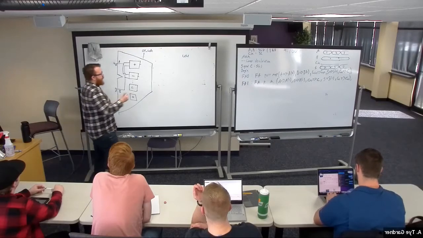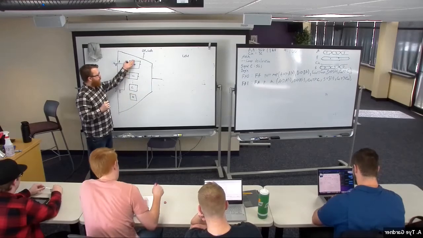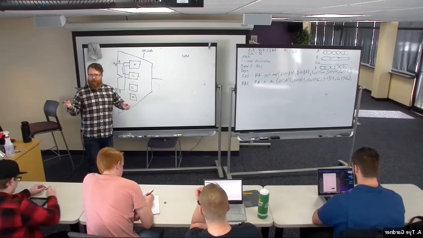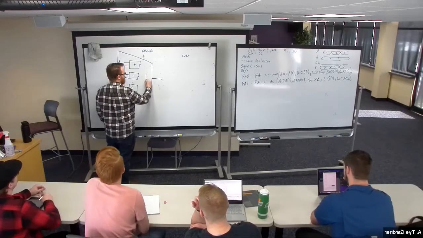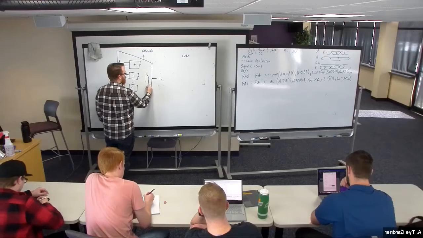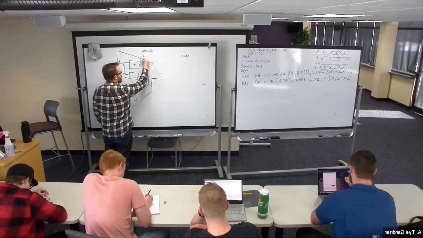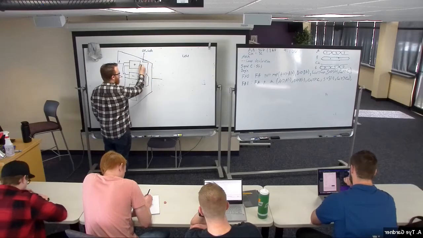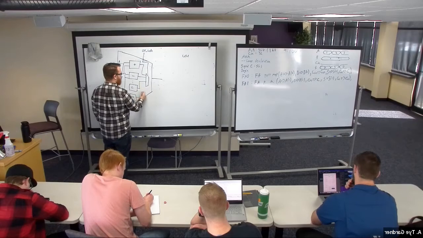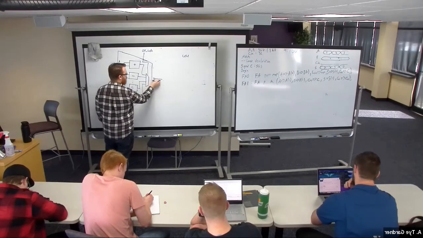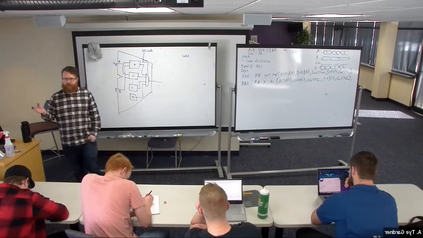Then the output here needs to look at the opcode and say, what am I going to do? Which operation do I care about? Well, it turns out that's going to be a mux. So the opcode comes in, tells the mux which one to choose.